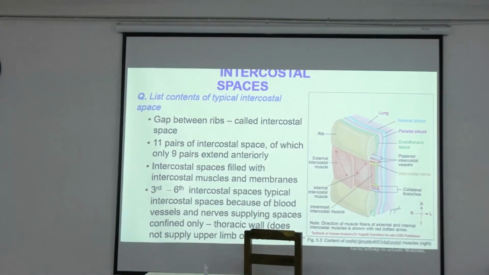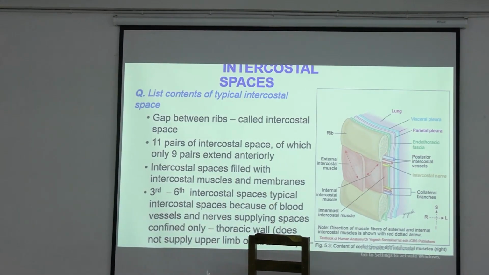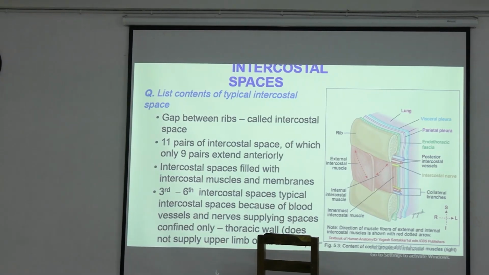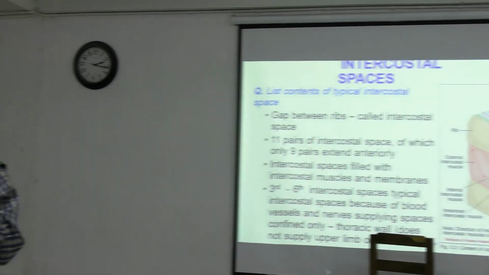In between the ribs, there are some muscles we can find. The most superficial muscle has fibers directed downwards, forwards, and medially.